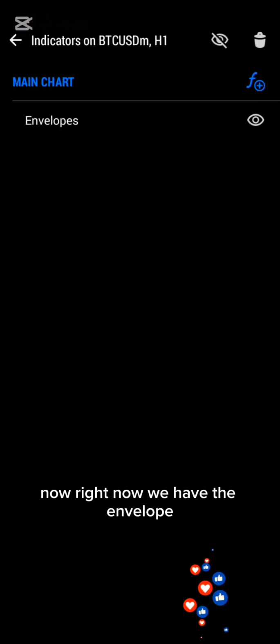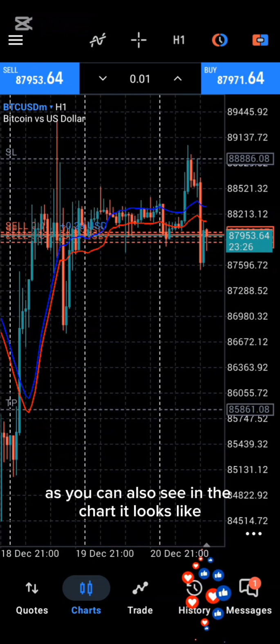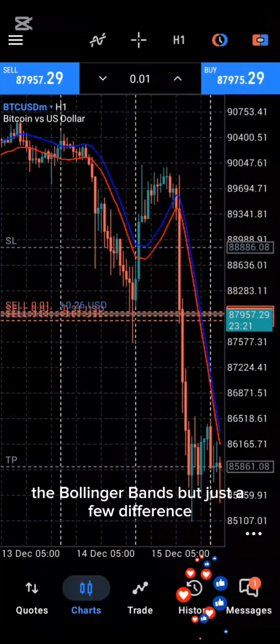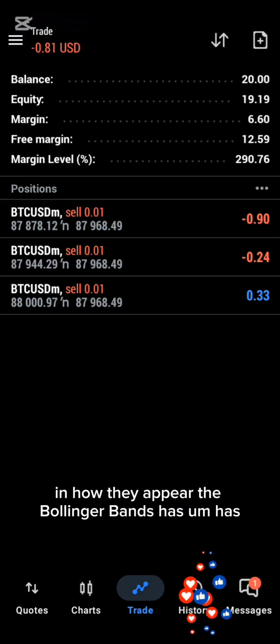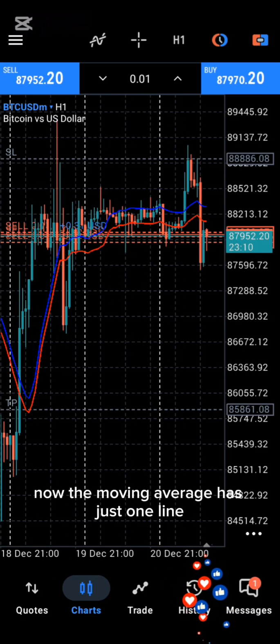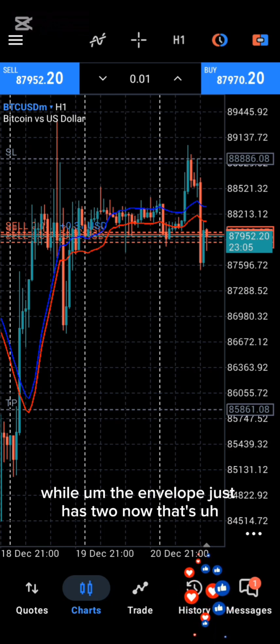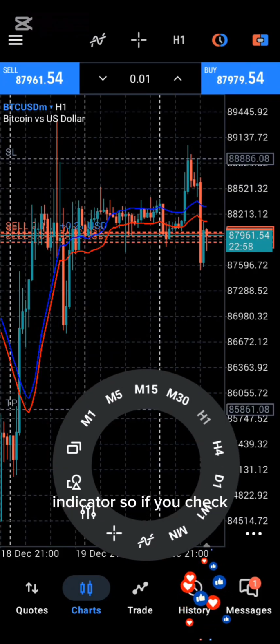Now right now we have the envelope. As you can also see in the chart, it looks like the Bollinger Bands, but with a few differences in how they appear. The Bollinger Band has three lines, while the envelope just has two. Now the moving average has just one line. These are the things you need to know about a trending indicator.